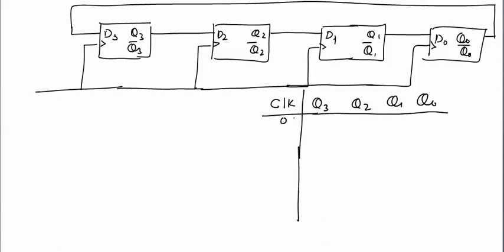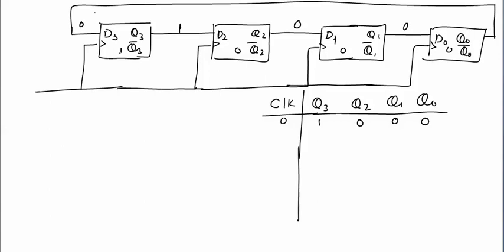Suppose initially we have zeroth clock and all the flip-flops are in their initial state. Initial state will be 1000. First flip-flop will contain 1, second flip-flop 0. Now this 1 will be available at the output here, this 0 will be available at the output here, this 0 will be available at the output here, and this 0 will be available at the input here.